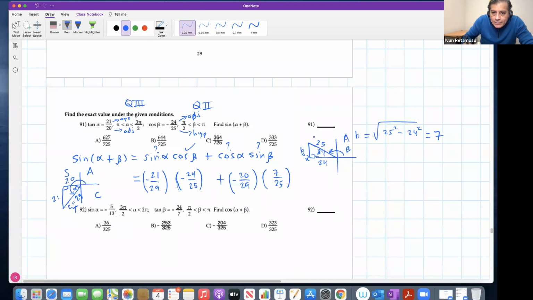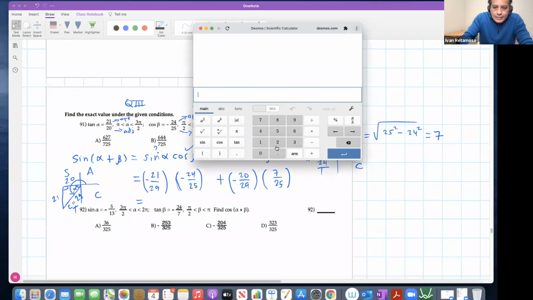According to All Students Take Calculus, on the second quadrant sine is positive, right? So this is it. This is all you have to compute. So compute that. Use the calculator, guys, for that, right? Manually will be very difficult. So minus and minus will be plus, so I don't worry about the sign. So 21 over 29 multiplied by 24 over 25, right?